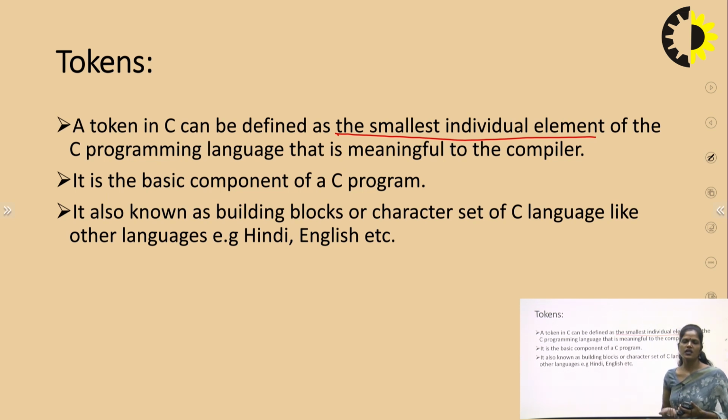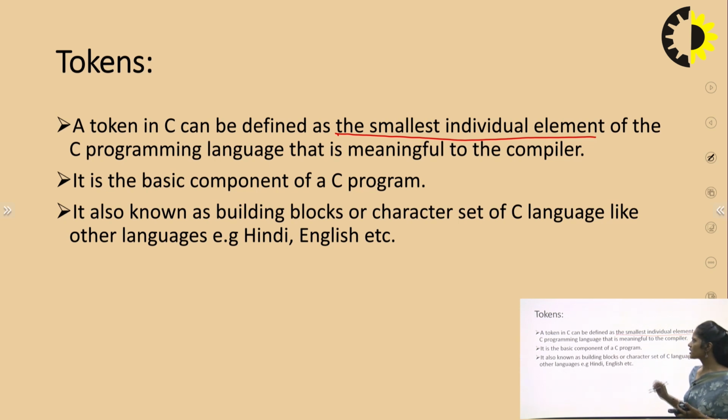Just for example, whenever we start to learn any language, like Hindi and English, we first learn the character set of that language, like A, B, C, D. In the same way, in a computer language like C, the basic fundamental units start with the C tokens.